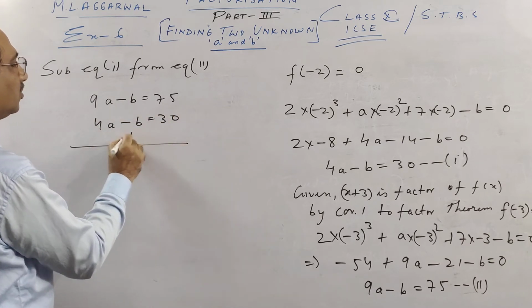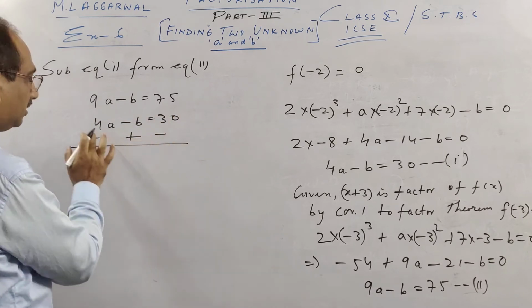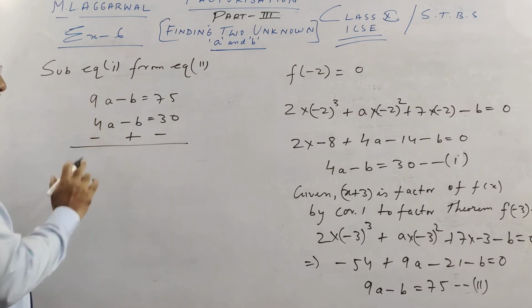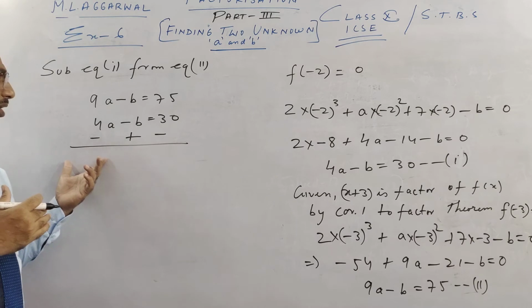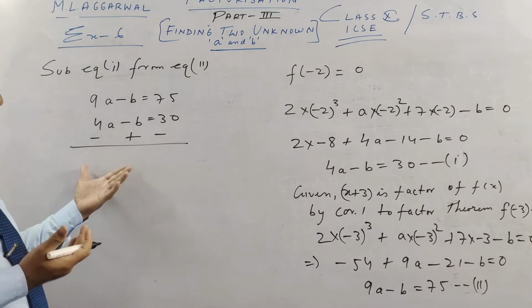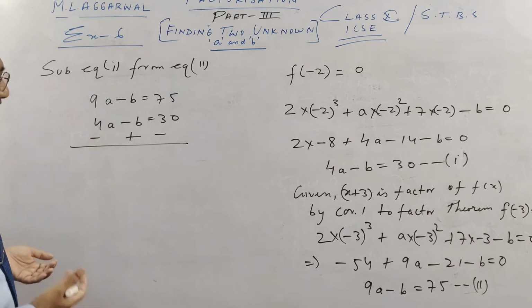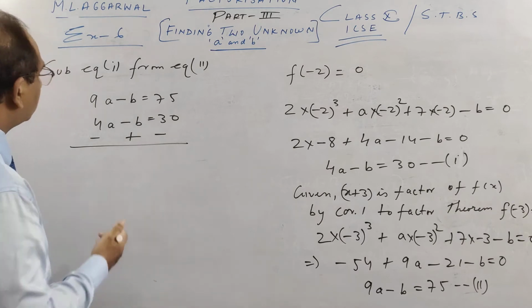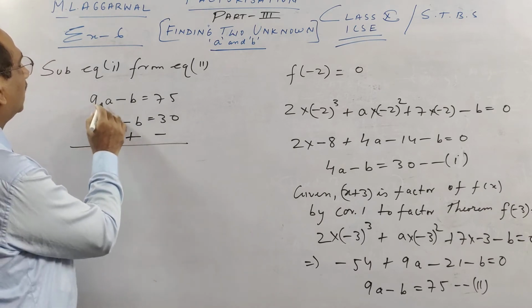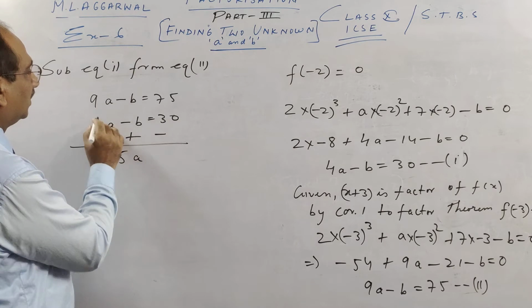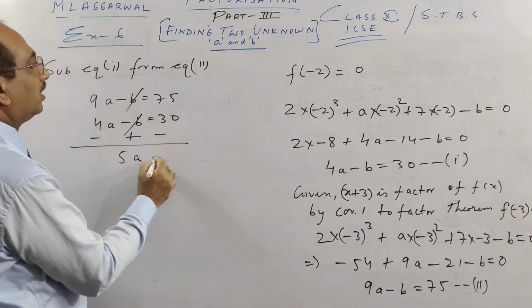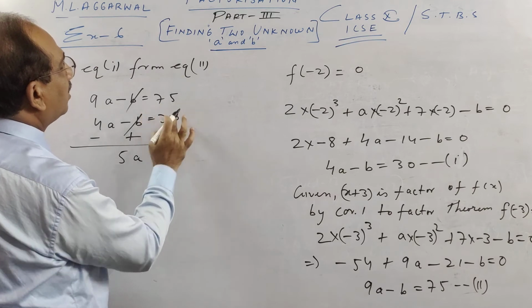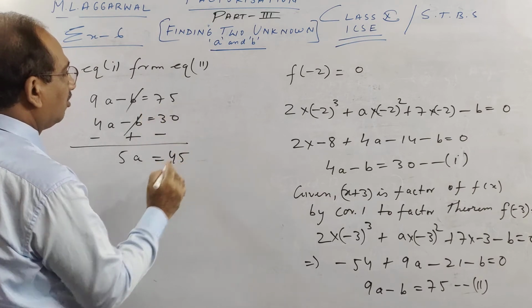Whenever you subtract, children, the sign changes. So 9 is bigger here. Generally, I don't want the first term to be negative. These are small tricks you will learn when you practice. So here we get 5a, the b will cancel. So 9 minus 4 is 5a is equal to 75 minus 30 is 45.